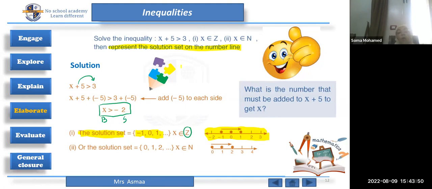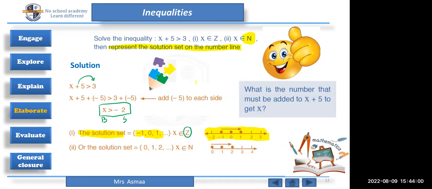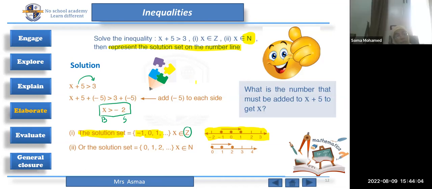Okay, fine. What about if I want to give the solution set in N, the natural numbers? It will be natural: 0, 1, 2, 3, 4, and so on.